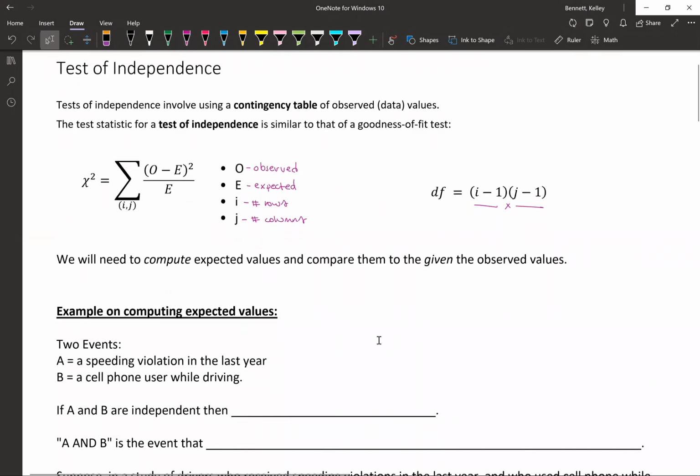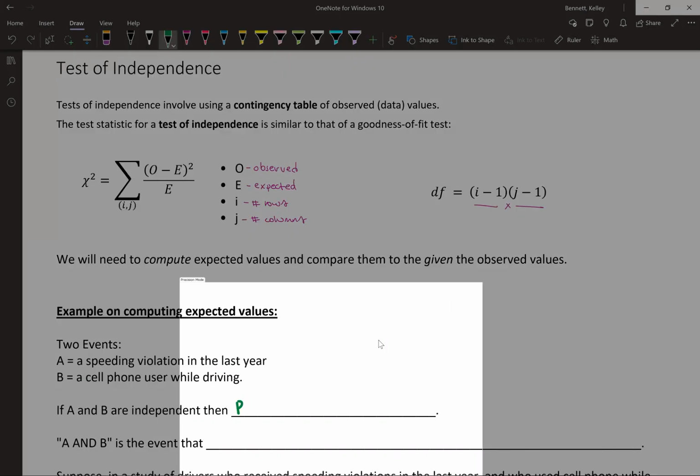And because we're doing a test of independence, we're going to rely on the definition of independence. In particular, if we have two events, A and B, then what it means for them to be independent is simply that the probability of A and B both occurring is equal to the probability of A times the probability of B, right?